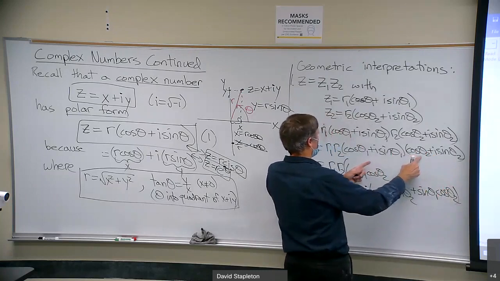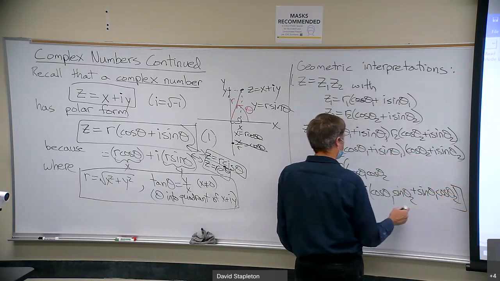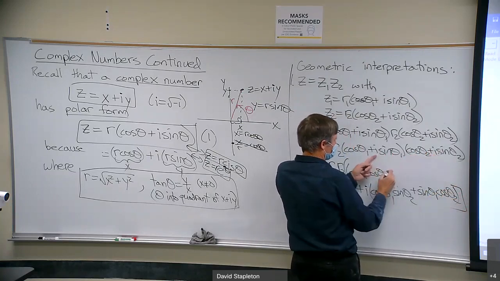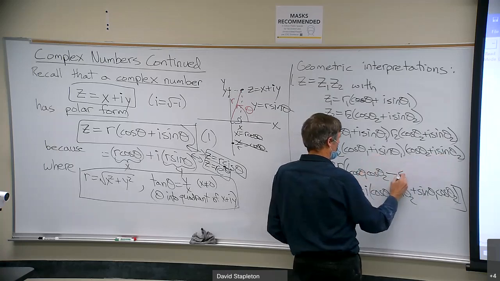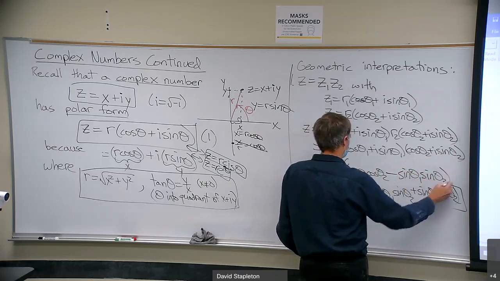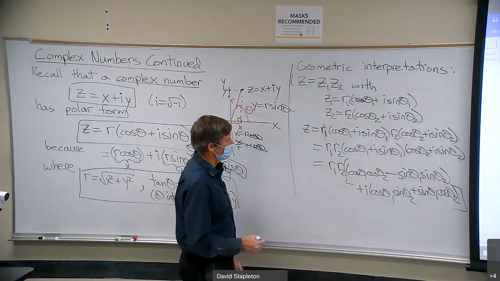This one times this one with an i. And then plus last, this times this. Well, i squared is minus 1, so it's minus sine sine. There it is. So this is a FOIL of these two things, and then r1 r2 out front.